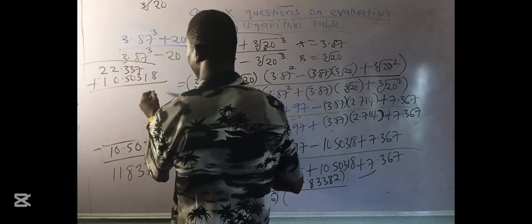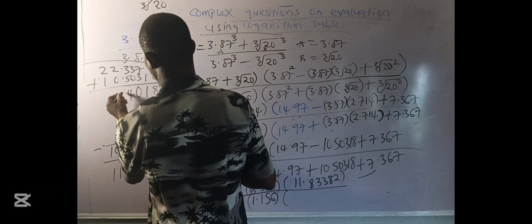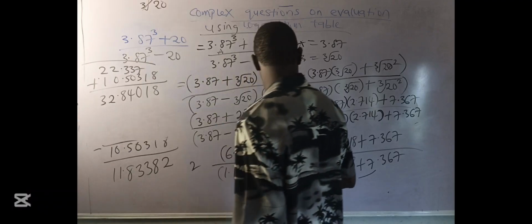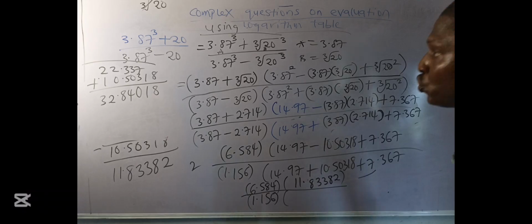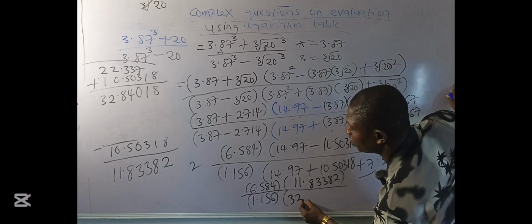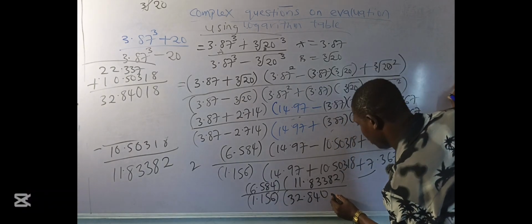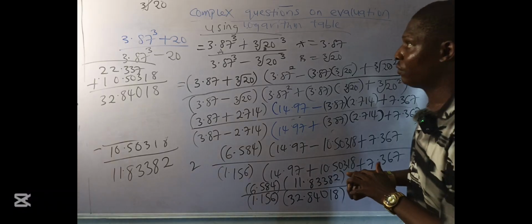And that will give me 8, 1, 0, carry 1, 4, 8.23. So I have the addition of this to give me 32.84018.